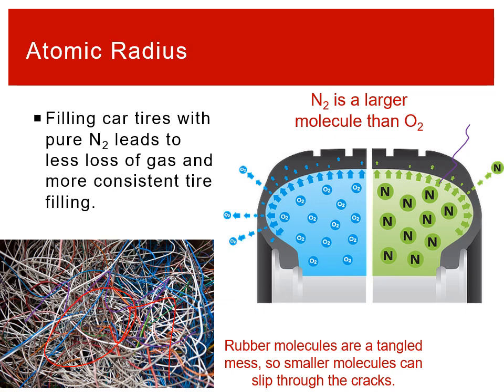We can understand why that would be beneficial over oxygen. Oxygen's a smaller molecule, so it can escape faster. This graphic from someone selling nitrogen seems to imply that oxygen is leaving really fast, and I'm not sure that's true, but nitrogen certainly does escape more slowly because they're just bigger molecules. So they stay in your tire doing their job of inflating the tire.